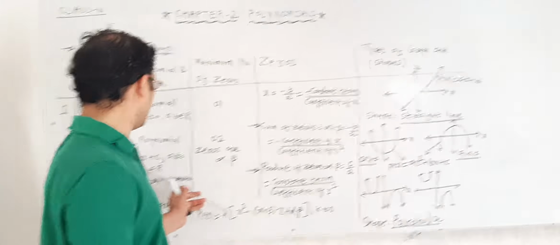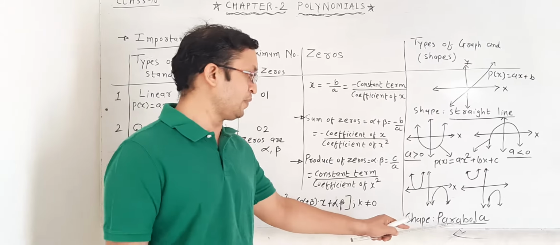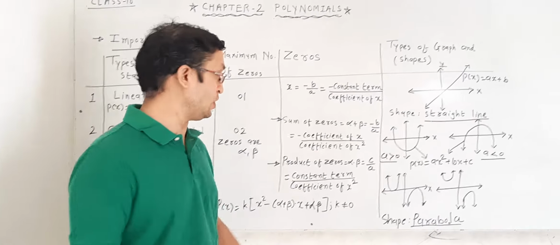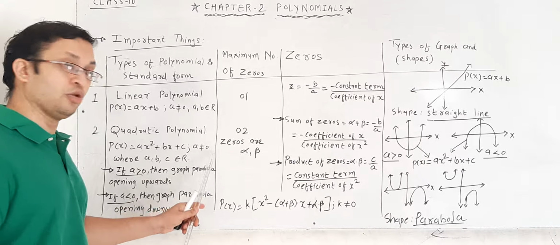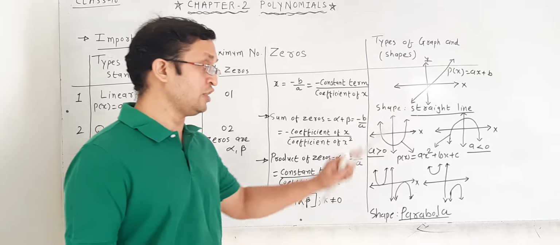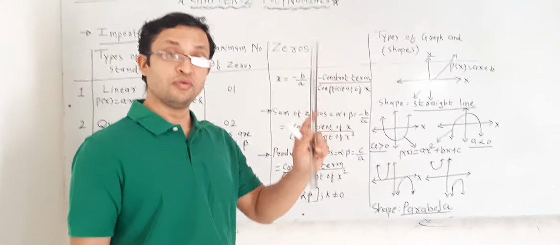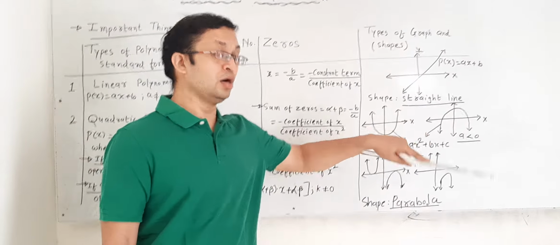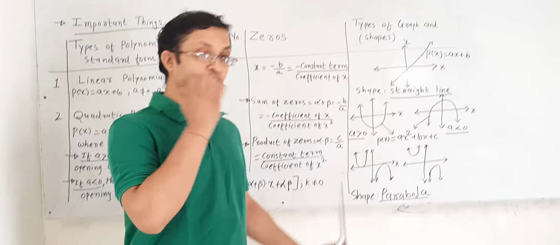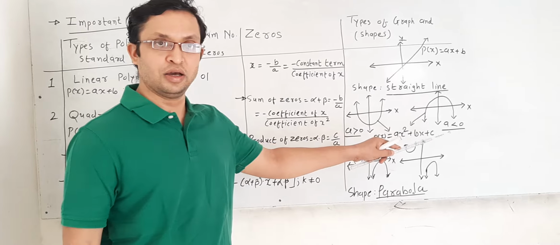The graph of a quadratic polynomial has the shape of a parabola. Remember this one. The graph of a quadratic polynomial is a parabola. That means a U shape. It can be a U shape or a reverse shape.